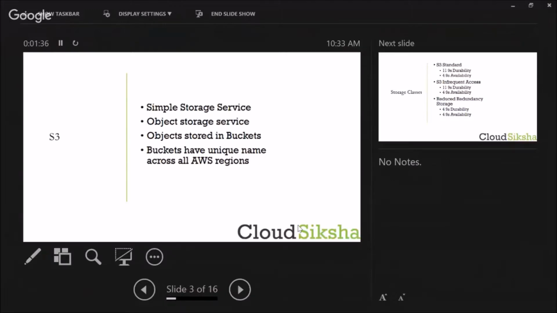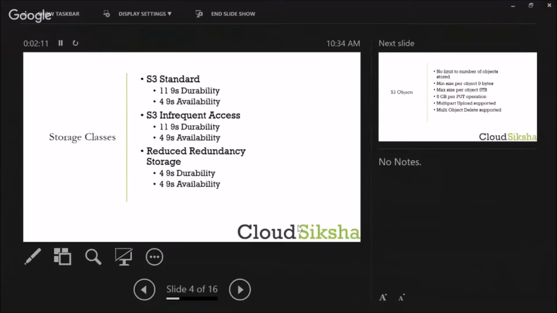The first one was SQS and the next one was S3. It's an object-based service, and objects are stored in buckets in S3. And buckets have to have a unique name across all AWS regions. That's a basic thing about S3. That is, it's a place where you can store your files. So, or in other words, a classic cloud storage.